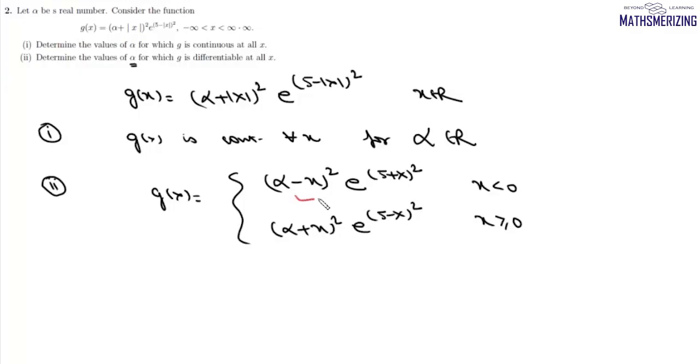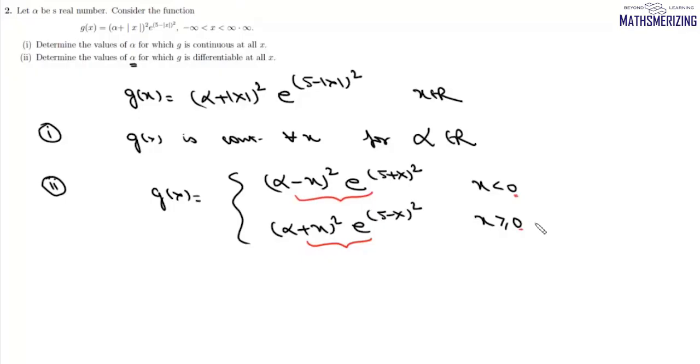Now in the first part the function is continuous and differentiable, and in the second part also the function is continuous and differentiable. Now there is a definition change at 0, so we just have to check differentiability of this function at x equals 0.